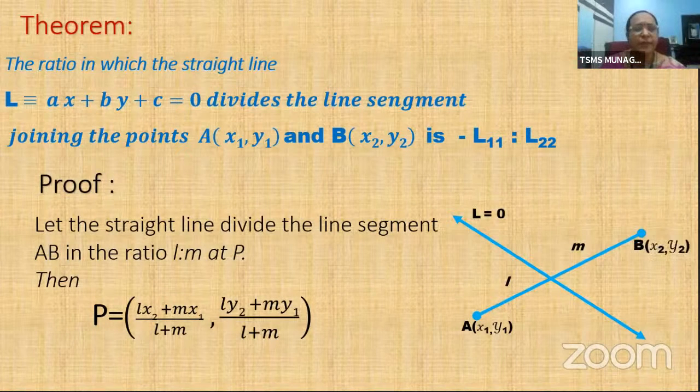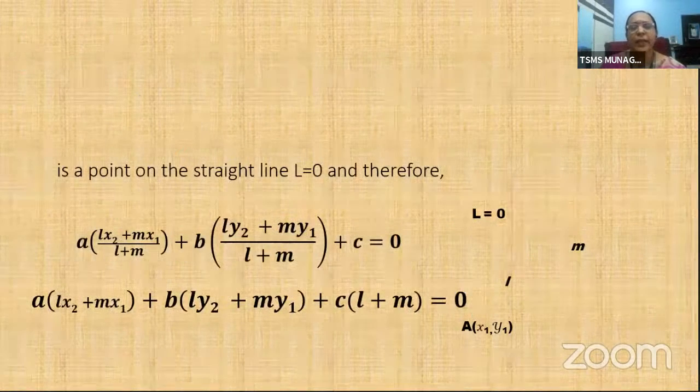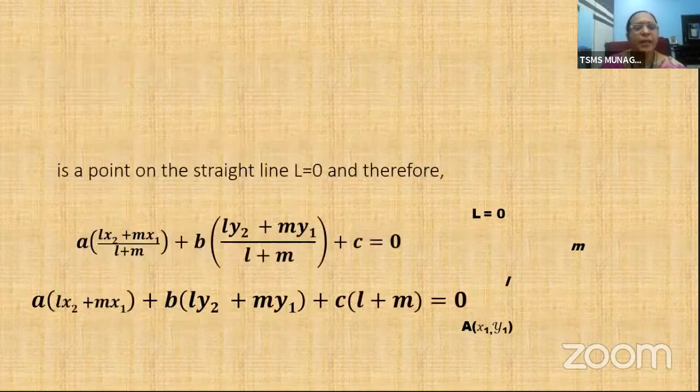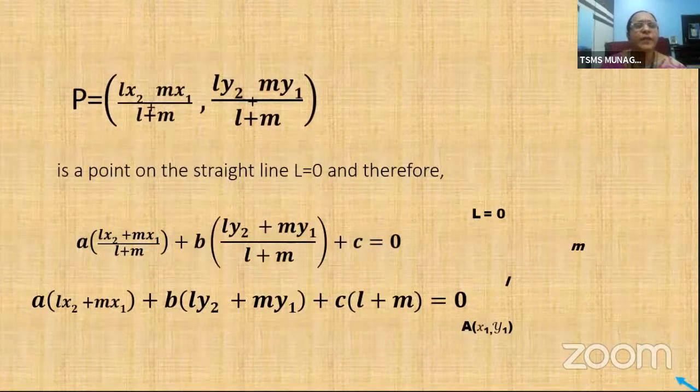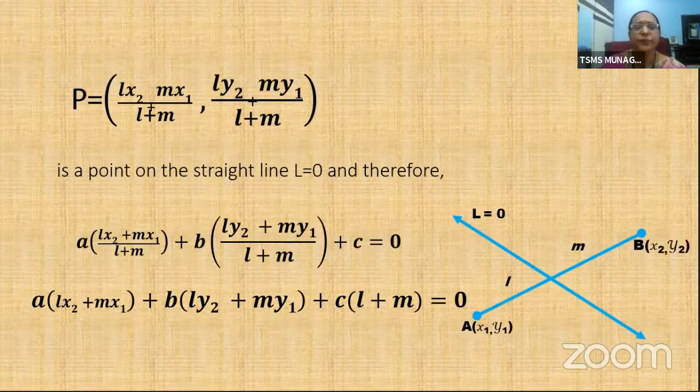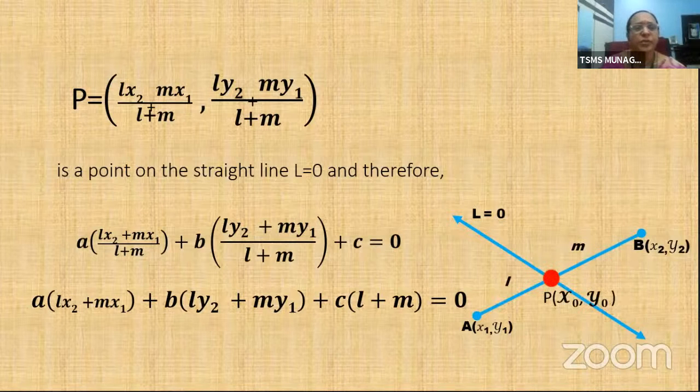Now you understand that this point P lies on the line L, is it not? If it is lying on the line L, definitely this point has to satisfy the equation L equal to 0. That means on substitution of this point in the line, you will get A (Lx2 plus Mx1) by (L plus M) plus B (Ly2 plus My1) by (L plus M) plus C equal to 0.